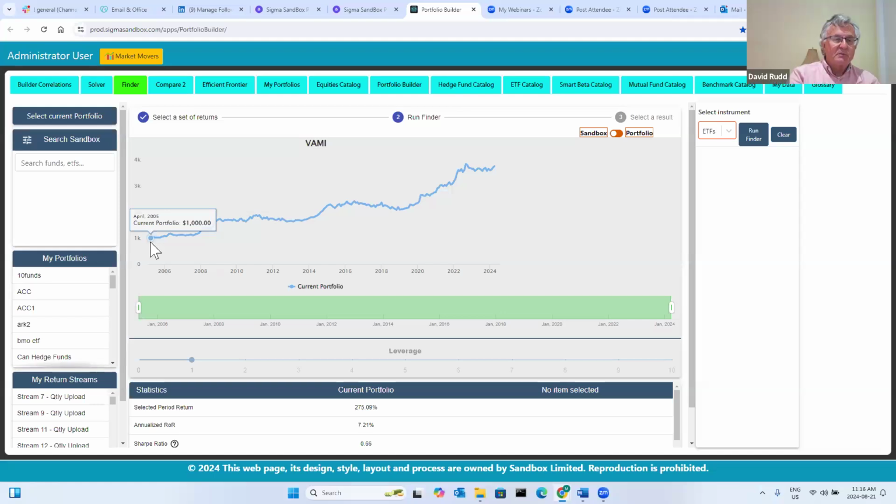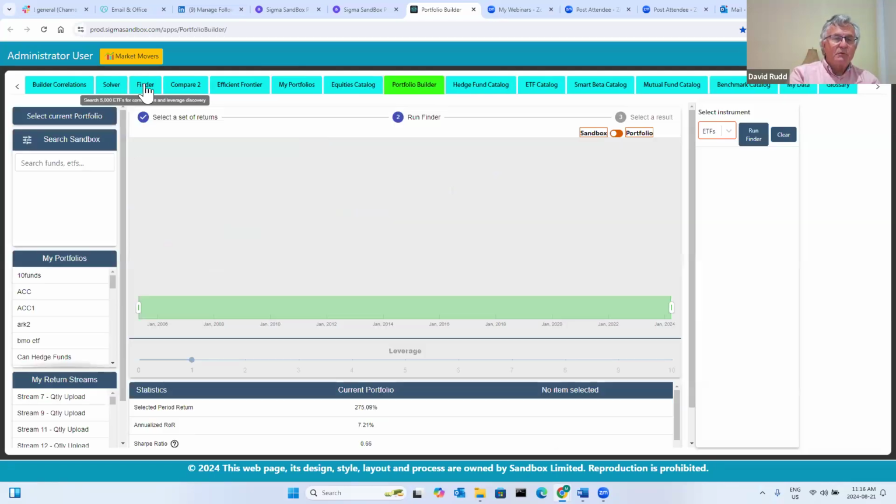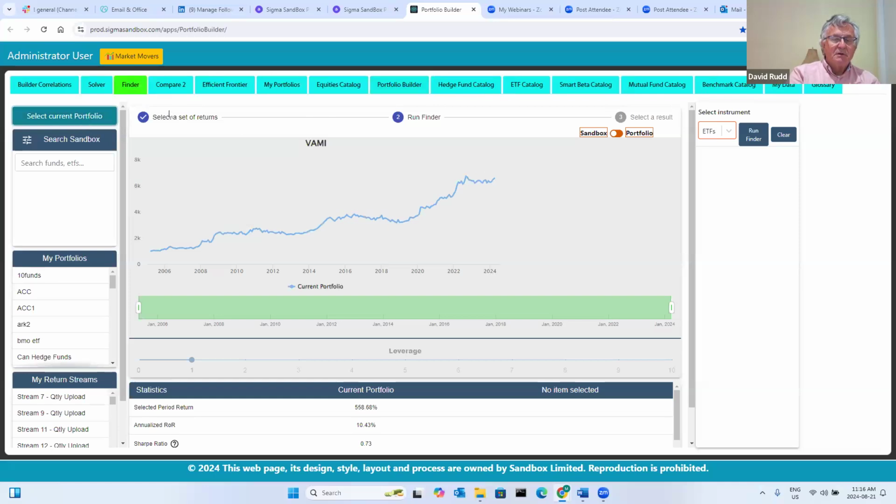This is the return stream of the three CTAs that are in Portfolio Builder, equally weighted. So let me just redo that. Now three that are equally weighted. And then we ask Finder to search. That's the return stream from three equally weighted CTAs going back to roughly 2005.